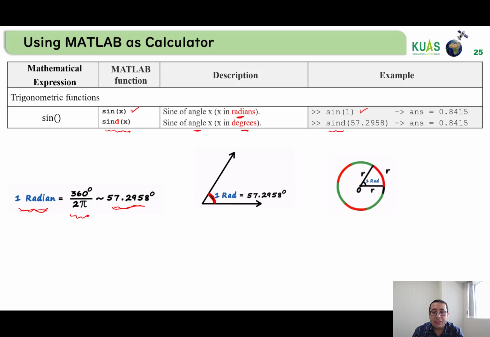And if we write sind of the same 1 radian, equal to 57.2958, the answer will be the same, because this is the same angle, but defined in radian or degree.